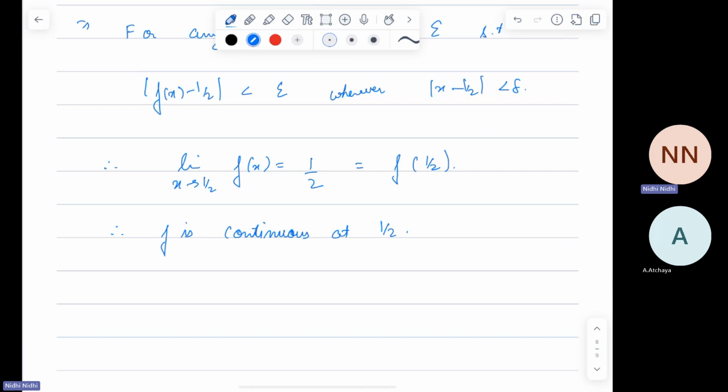Now let's look at other cases. That means what happens when x is not equal to 1 by 2.